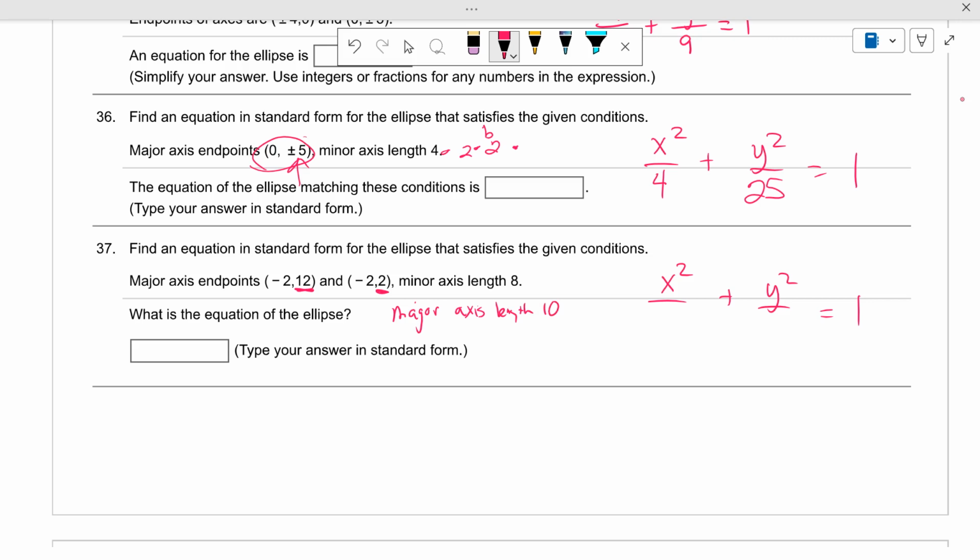Now, -2, if we draw this, -2, 12 is way up here, -2, 2 is right here. So it goes like this. So it's an up-down. So it's under the y. So half of 10 is 5. 5 squared is 25. Half of 8 is 4. 4 squared is 16.